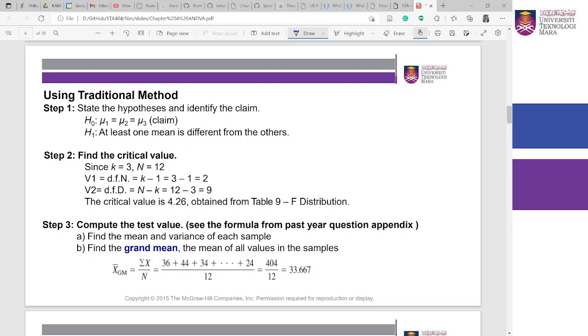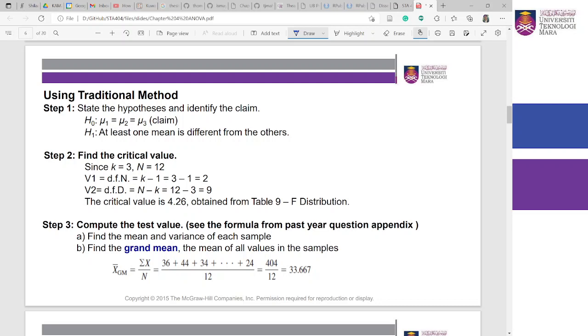Okay, step 1. So this is common, right? So step 1, we write down the hypothesis. So state the hypothesis and identify the claim. So the hypothesis simply says that mu1 is equal to mu2 is equal to mu3. And this is the claim based on the question.